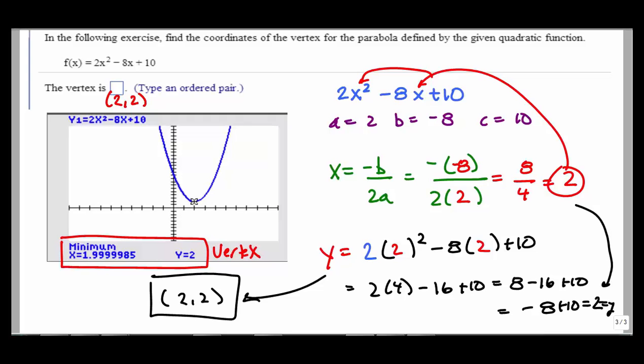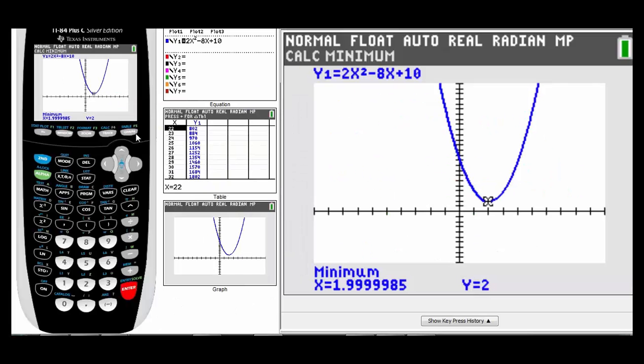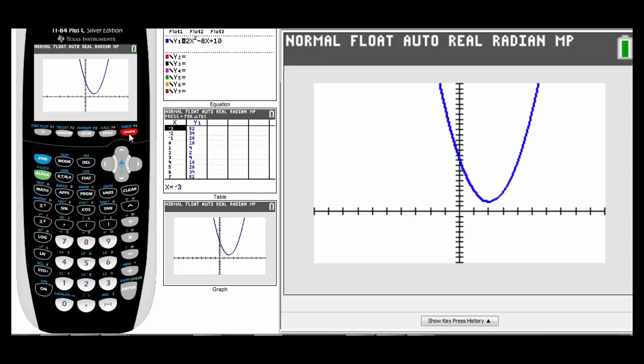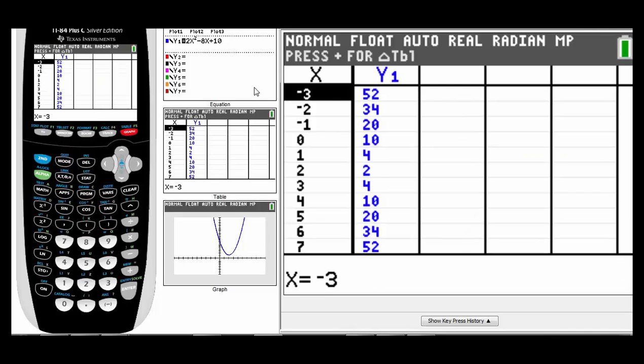Let's go ahead and jump into your calculator, and let's go to second table and see what our table tells us. Okay, so here we go into second table. If we look at our table, here's this point (2, 2), and if you notice, 2 is the lowest value that we see here.